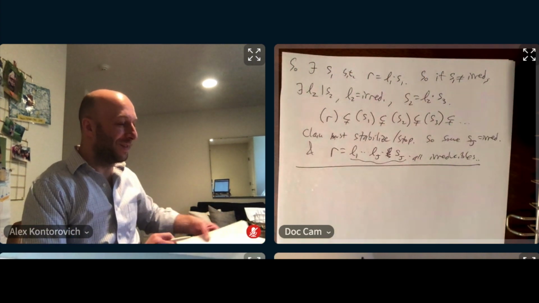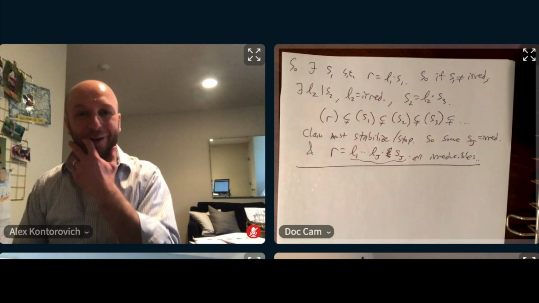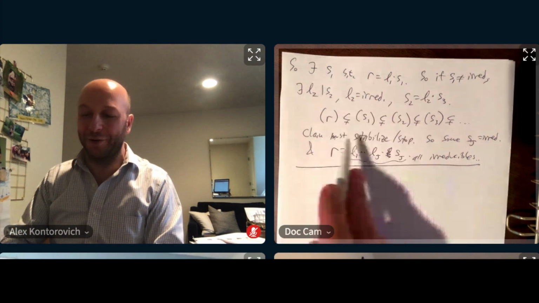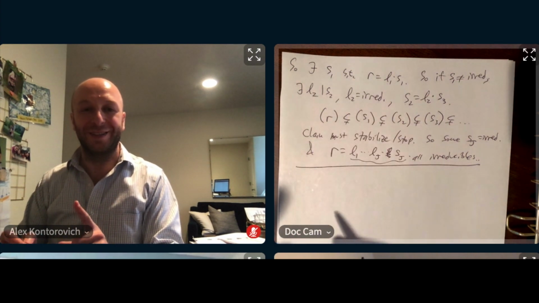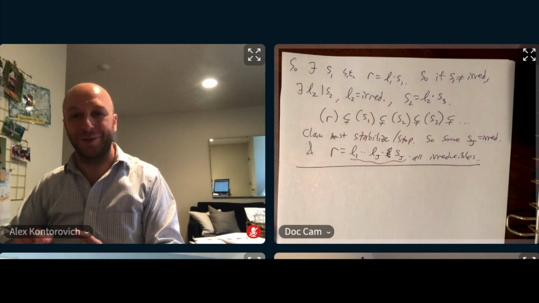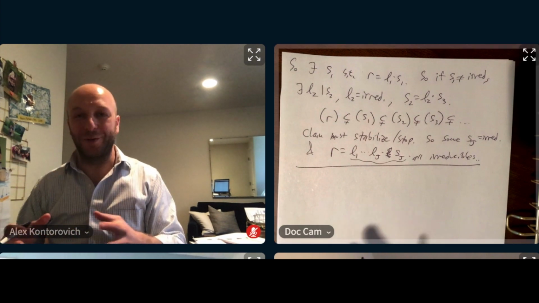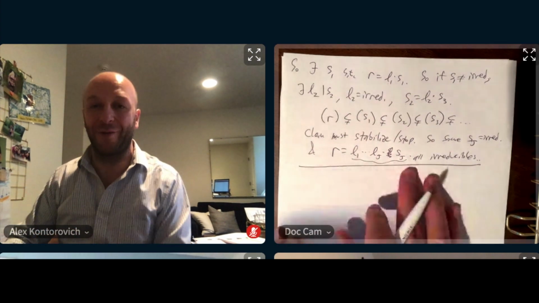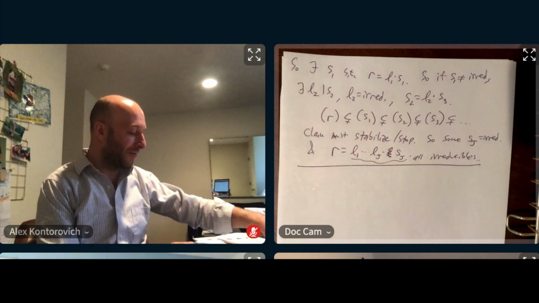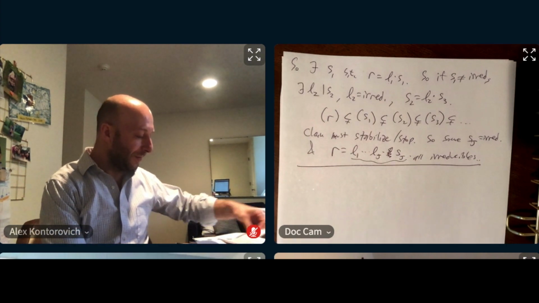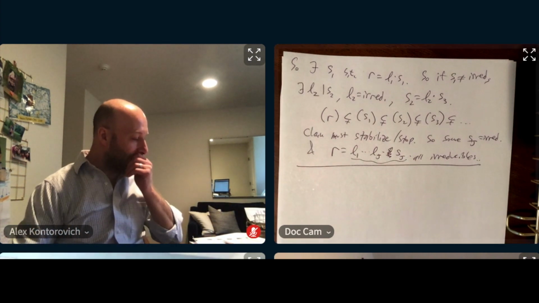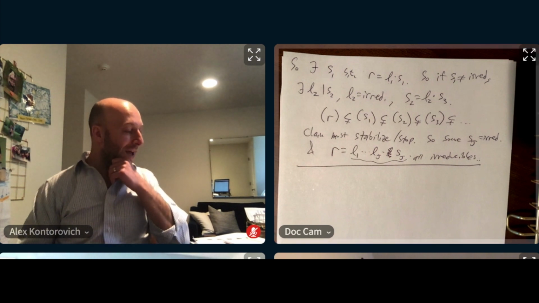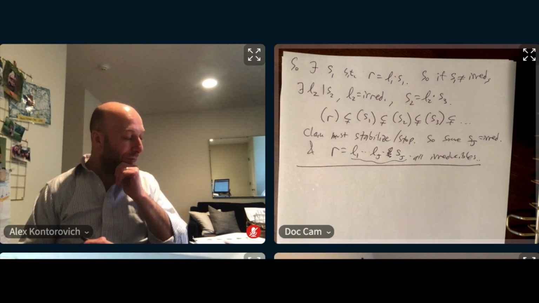I hope you appreciate how powerful Noetherian is. The first time we got a single irreducible element, so that we knew that we could pull out irreducibles. And once we knew we could pull out irreducibles, we can pull them all out one by one, and it has to stop after a finite amount of time. All right. So what that means is that the Ord function is well defined.